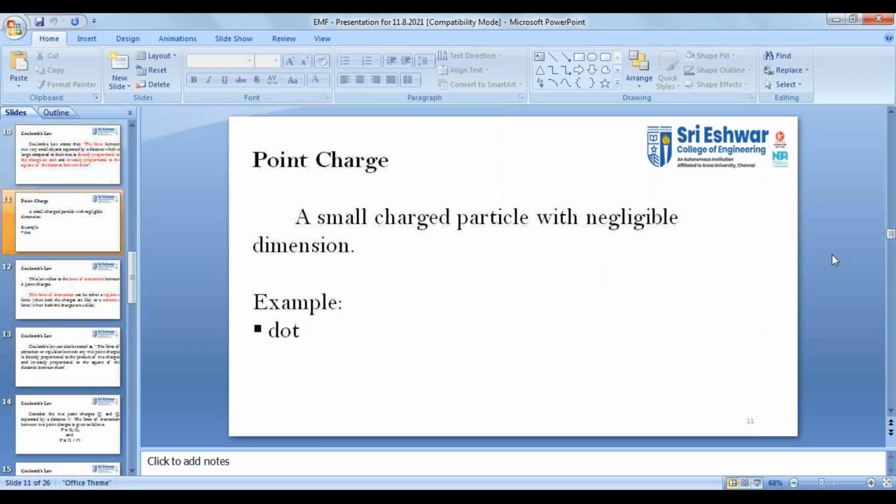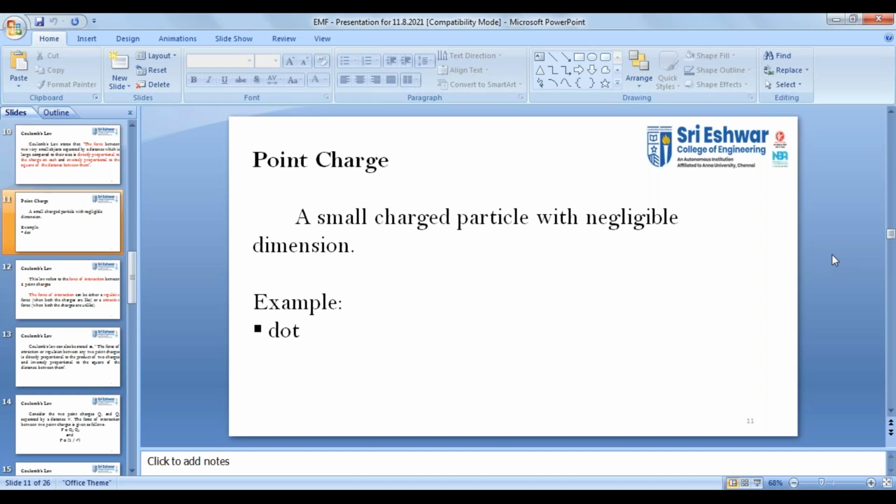Next, what do you mean by the term point charge? Now I have assumed Q1, Q2 in my example. Those two are said to be point charges. A point charge is also called a dot charge. It is an important 1 mark or 2 mark question: what is meant by point charge? A point charge is a small charged particle which has negligible dimension.